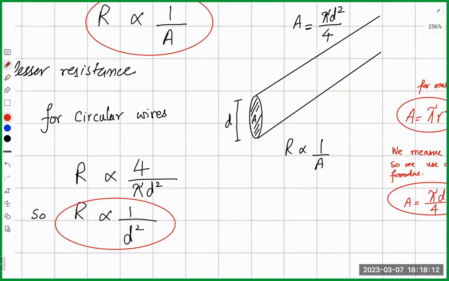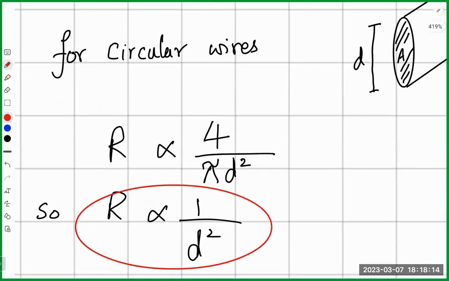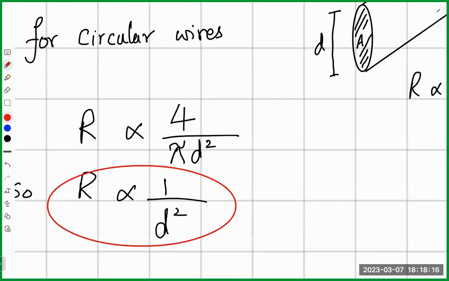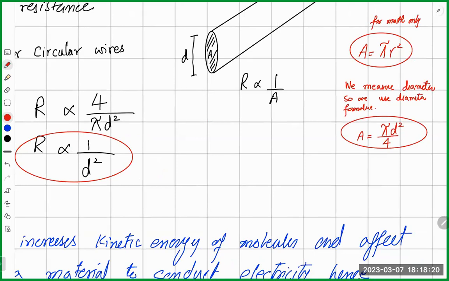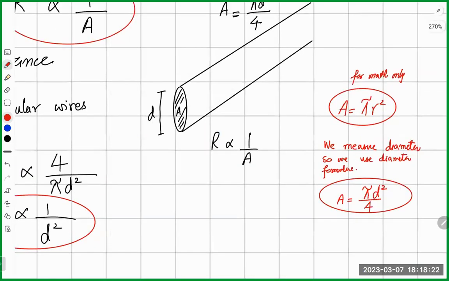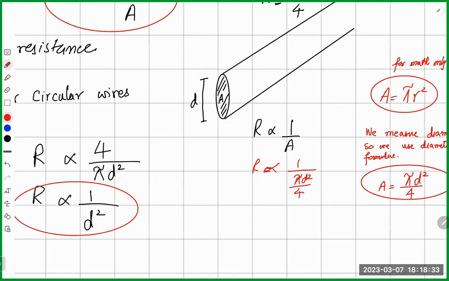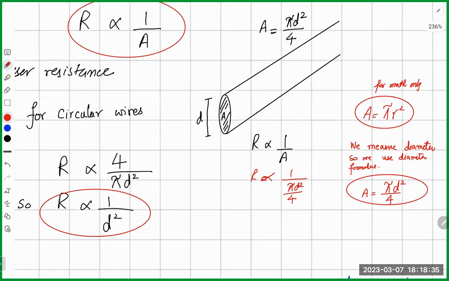So resistance is inversely proportional to area, and area is pi d square over 4. So it means resistance is inversely proportional to pi d square over 4, which can be reduced to resistance is directly proportional to 4 over pi d square.